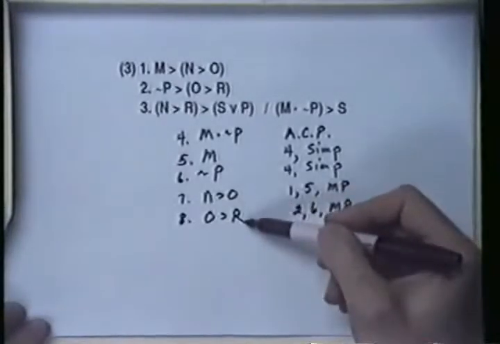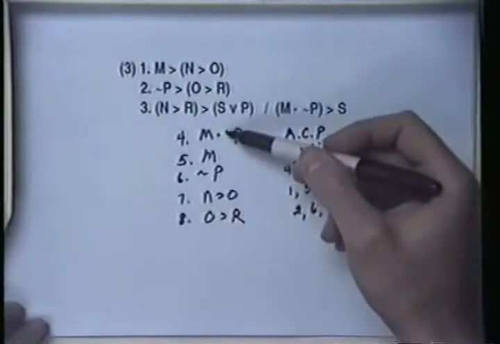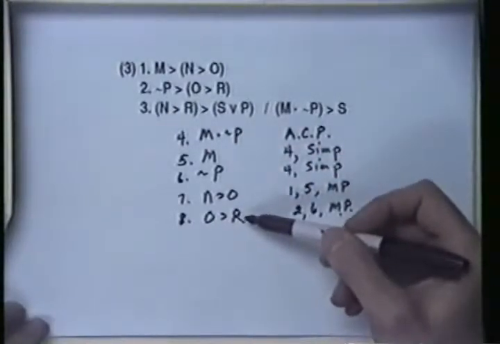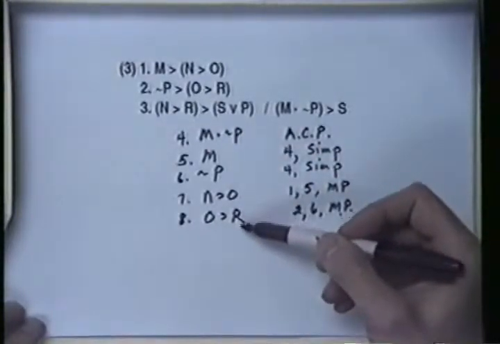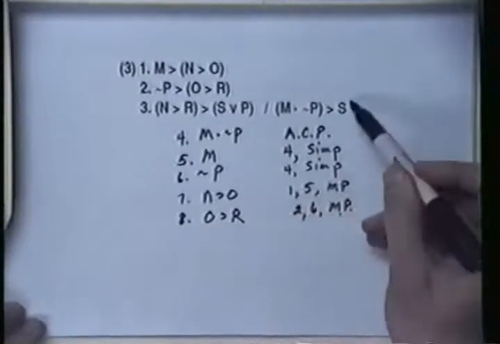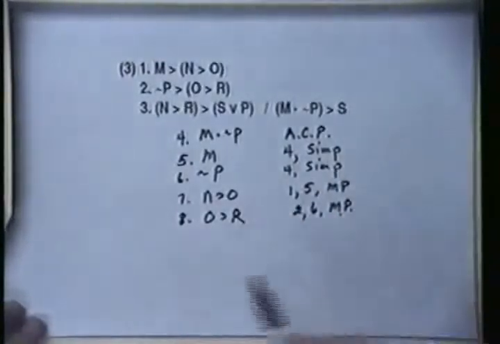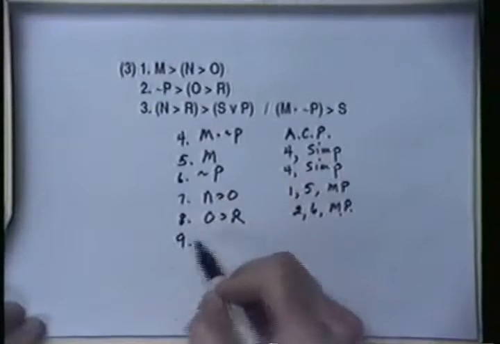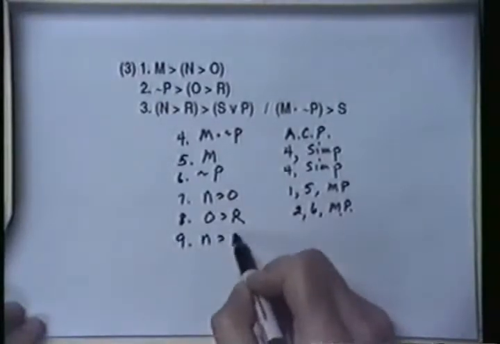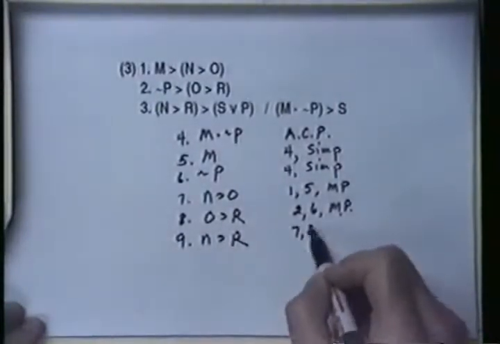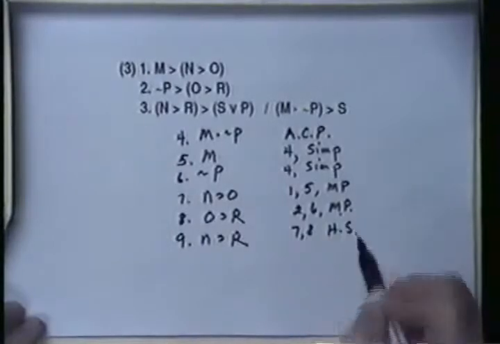And now we have our 2 lines that allow for hypothetical syllogism. And notice now I'm still doing all of this inside the subproof because we ultimately need to have a final line there, which is S. So we haven't yet gotten there, but we're on our way. Now we get N hooks R by 7 and 8, hypothetical syllogism.